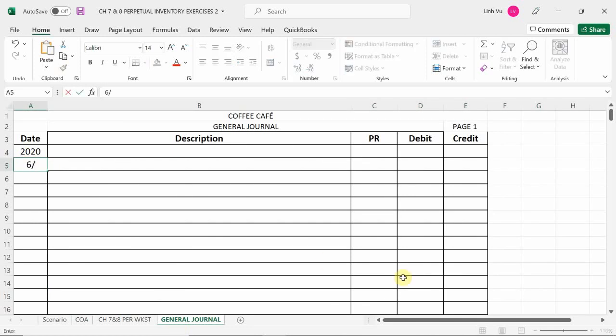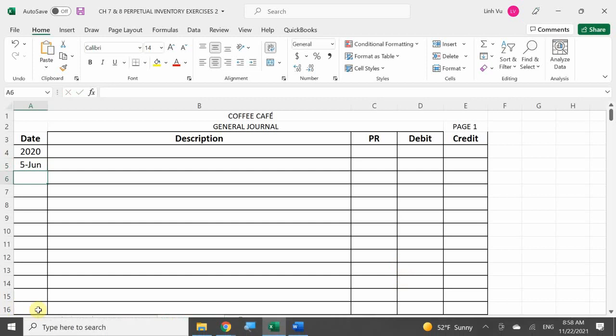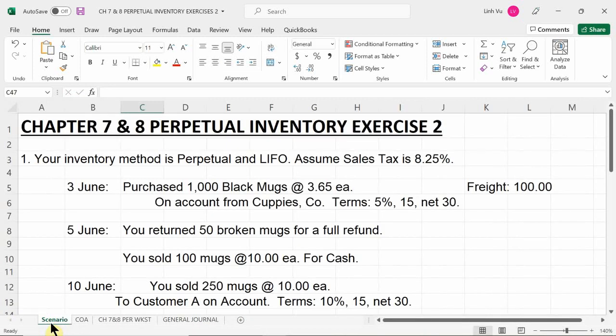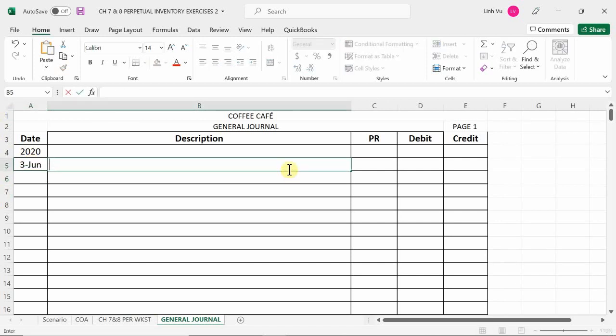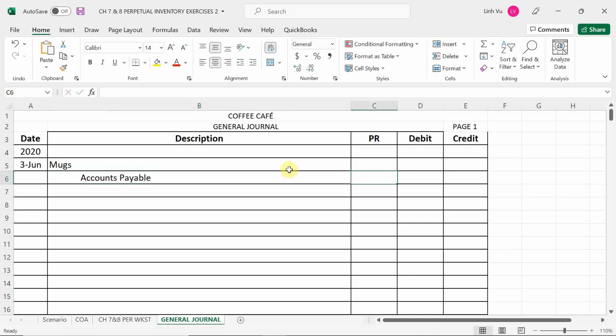So here, journal. It is June. Did I say June 5th? June 3rd. Okay, June 3rd. We purchased 1,000 black mugs on account. Inventory is 150, accounts payable is 201.